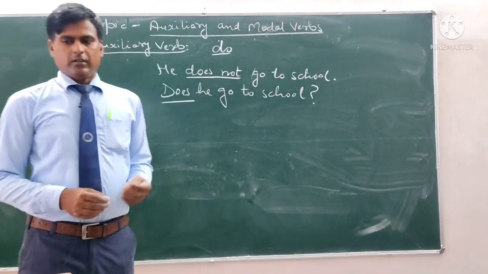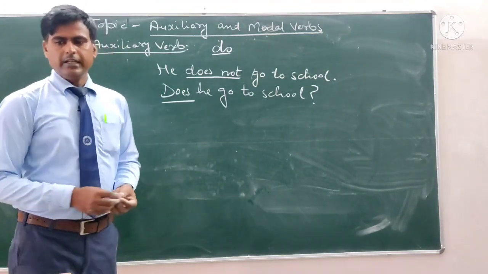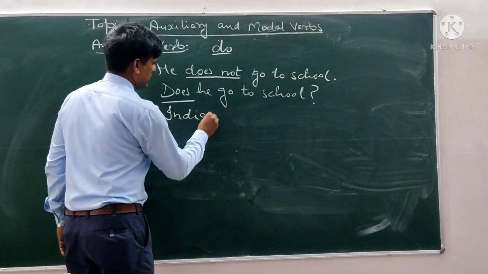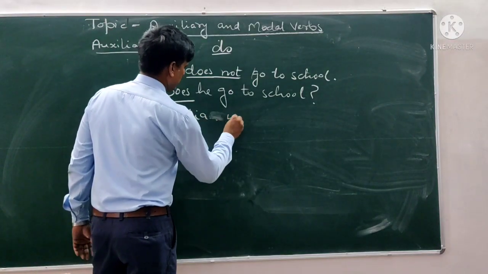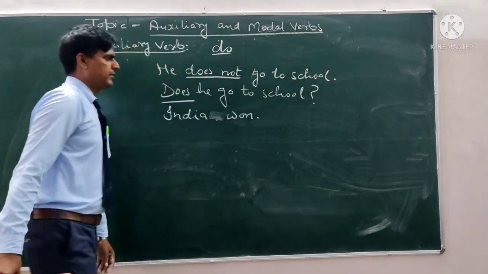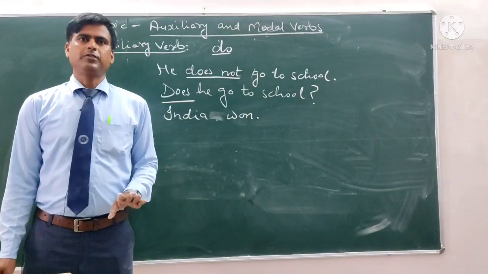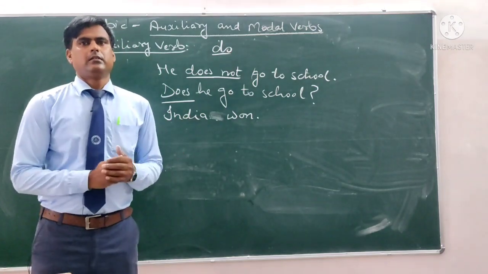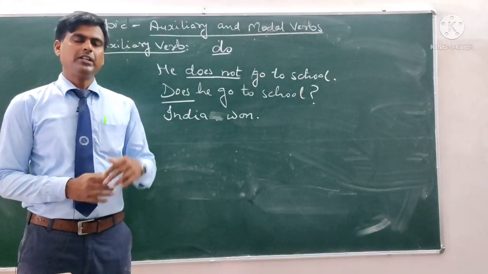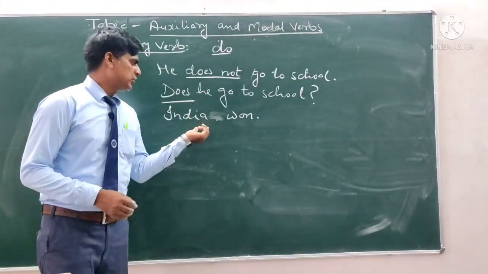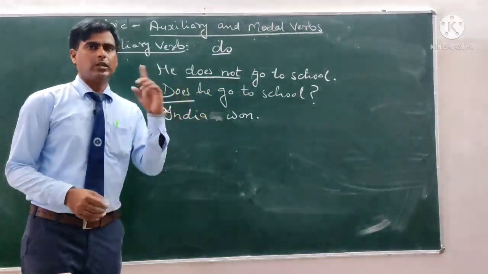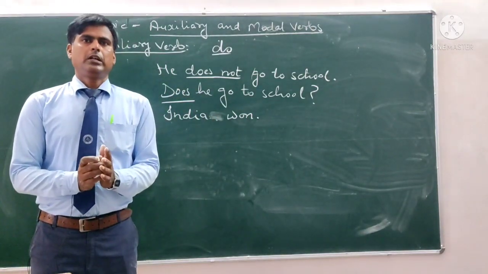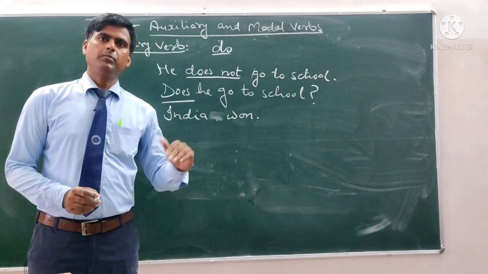You can also see the example, India won. This is a simple past tense affirmative sentence, but we didn't use the auxiliary verb did. But if we are going to change it into interrogative and negative sentences, then we must use auxiliary verb did.